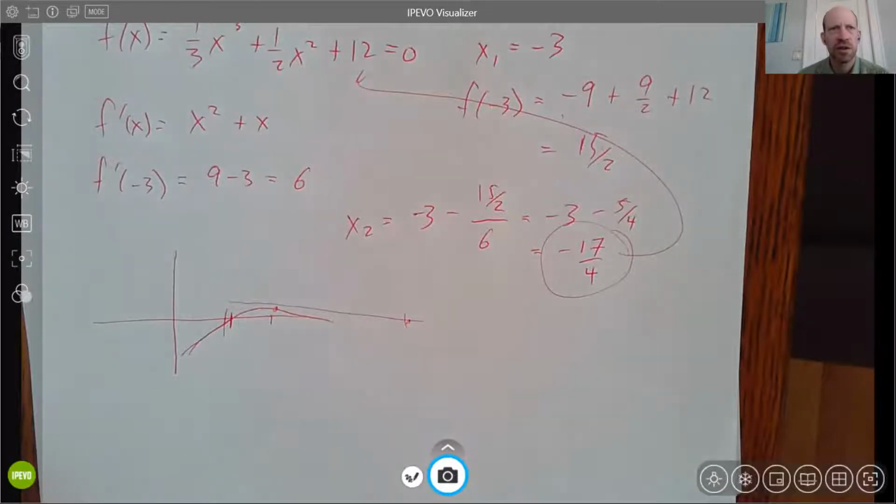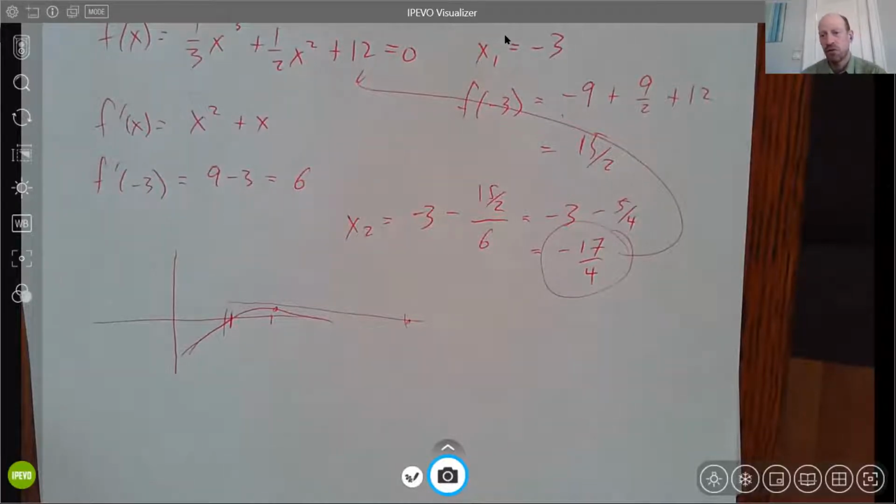These questions are a little bit more superficial maybe than some of our other questions, in that there's not a lot of varieties or other types of questions that I can ask. It's pretty much this, right? Use Newton's method.